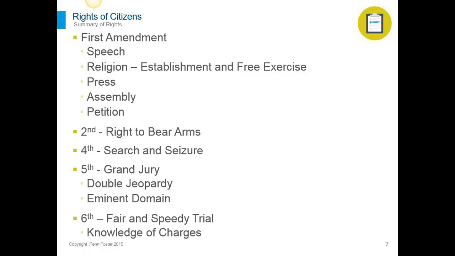Another right of accused citizens is the Sixth Amendment, which requires a fair and speedy trial and requires that if you are arrested, you have the right to know what your charges are. So when you go into a court, you should be able to have a court hearing as soon as you can.